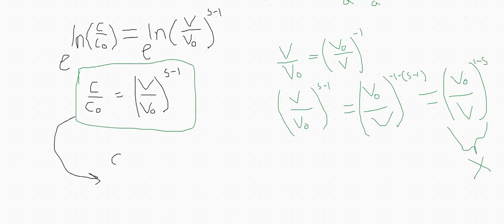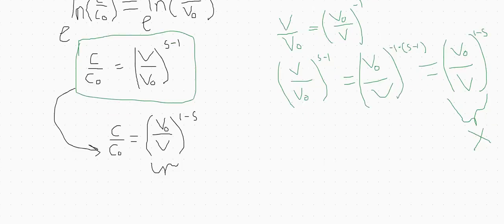So we'll have C over C naught is equal to V naught over V, all of this to the 1 minus S. And again, you can write the V naught over V as X, which is the concentration factor.